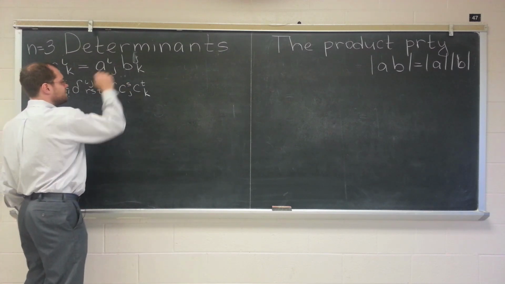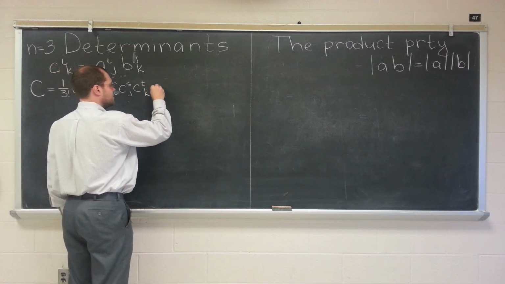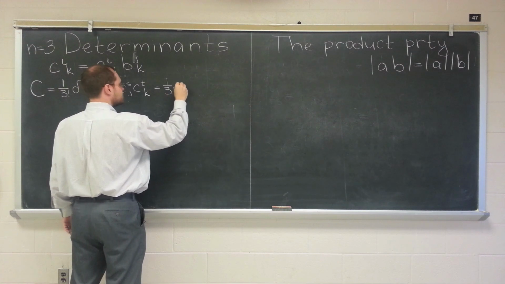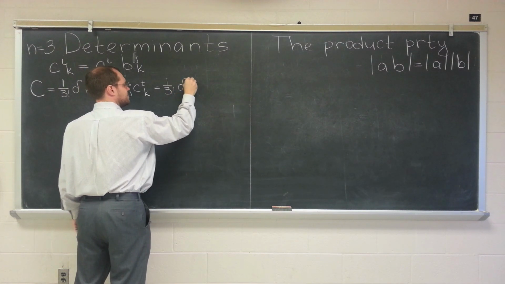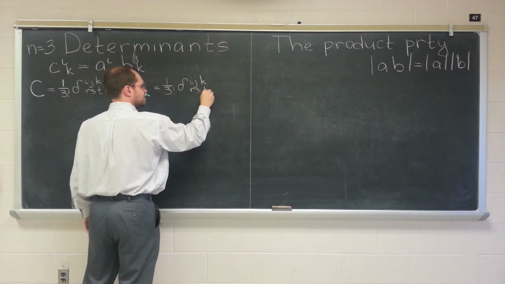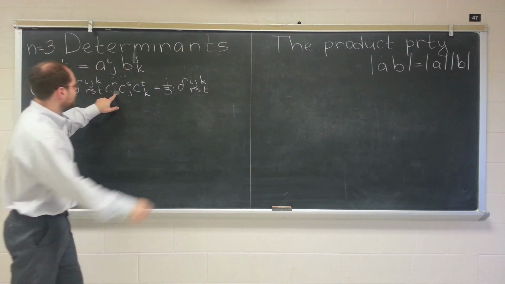Let us now plug in the fact that C is the matrix product of A and B. So we have 1 over 3 factorial, delta I, J, K, R, S, T. Let's think about what C_R^I is.